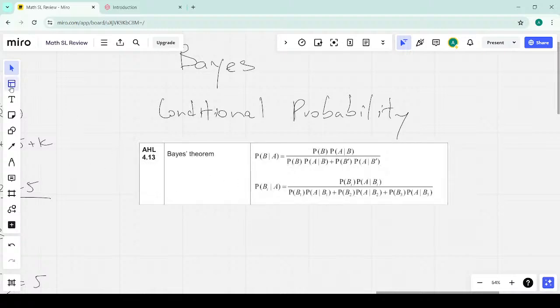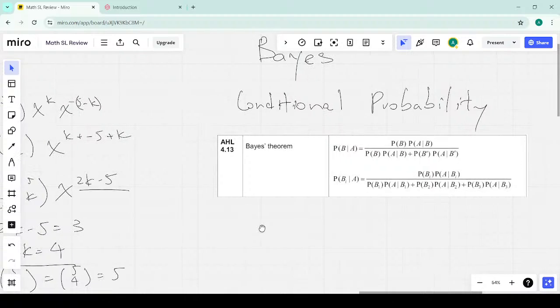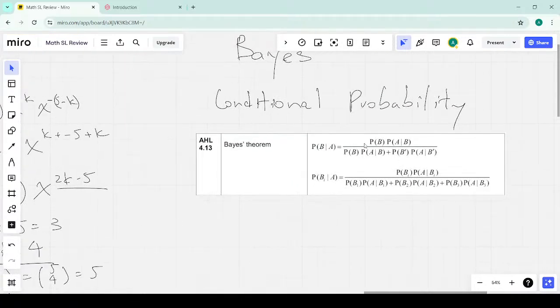What it says is the probability of B happening given A happening. So in this question, B was that the chosen student was a girl, and the given, which is A, which is also the condition, is that the student had no siblings, right?